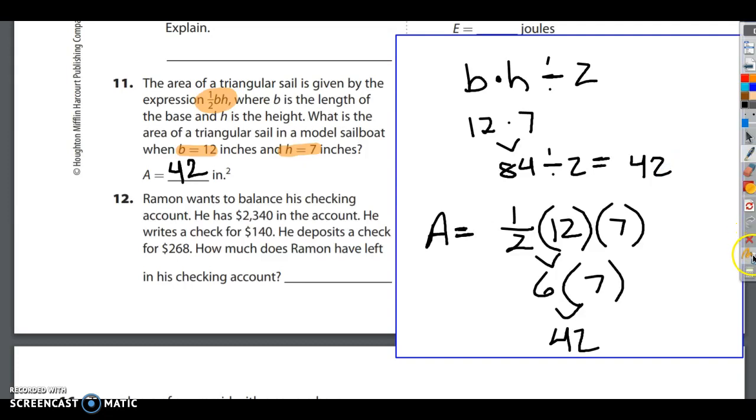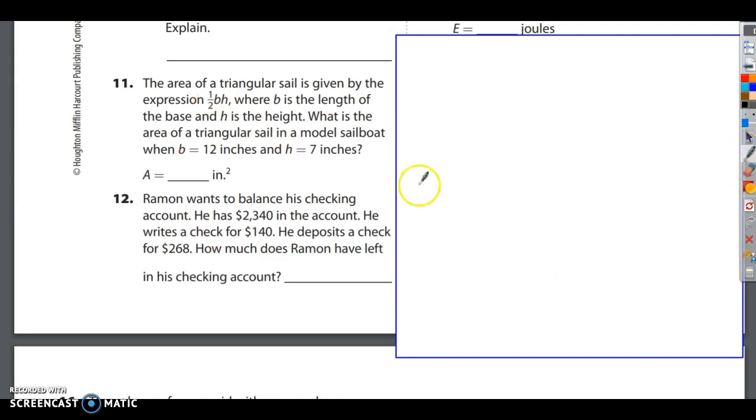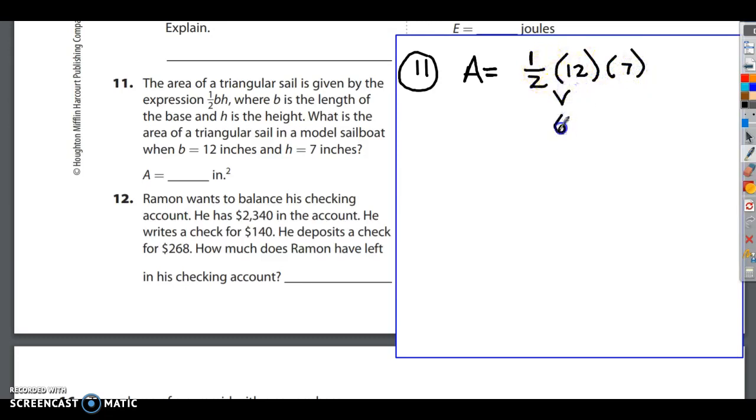Either way, they just showed us the proper formula, which is, I'll review it for you real quick. The proper formula to find the area of a triangle is 1/2 times the base, which is 12, times the height, which is 7. And 1/2 times 12 is 6. And 6 times 7 is 42. The answer is 42 square inches.